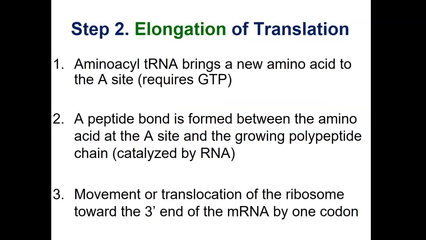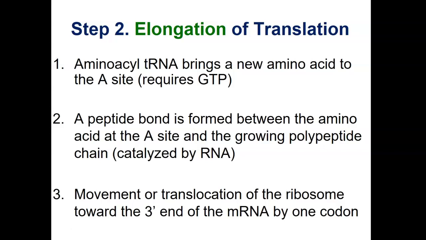Okay, so now we're going to move on to elongation. That was initiation. Elongation just means we're now going to attach on and have our growing polypeptide chain. Once the AUG is bound in that very first position, which is really our P site, the A site is now established and ready to welcome in an aminoacyl tRNA with an appropriate amino acid.